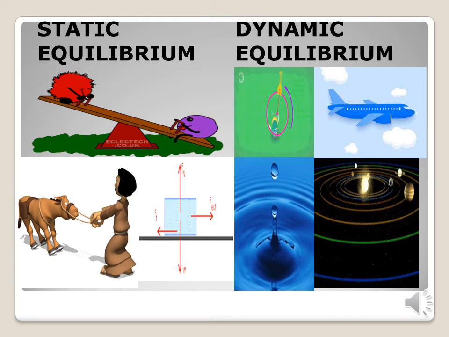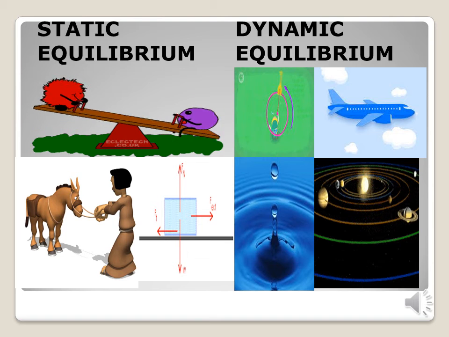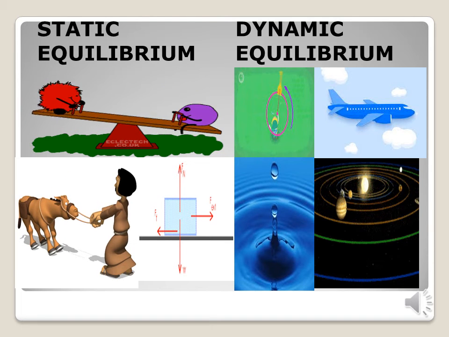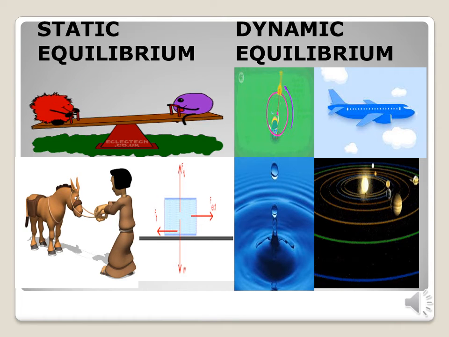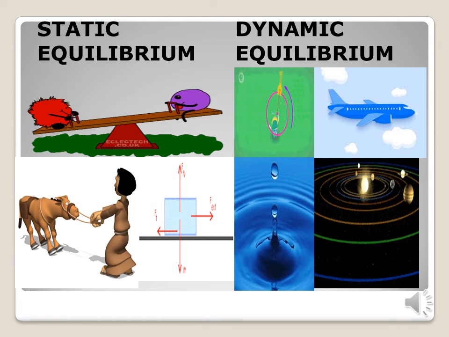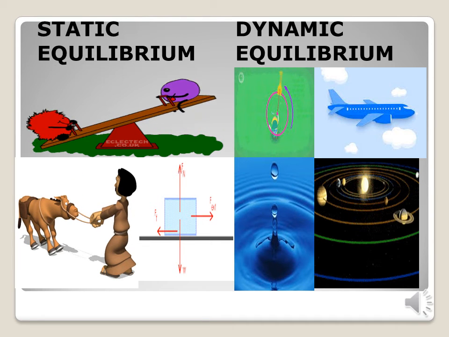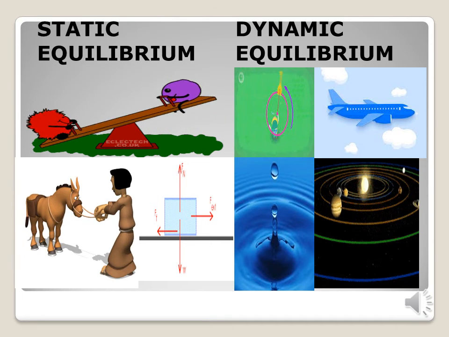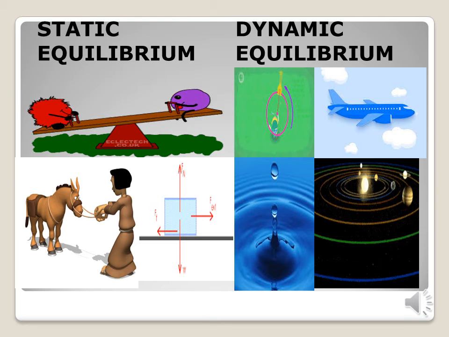In the first figure, you can see two people sitting on the two different sides of the seesaw. When the seesaw is balanced in a horizontal position, the clockwise moment of force due to the object on its right side balances the anti-clockwise moment of force due to the weight on its left side. And the seesaw has no rotational motion.